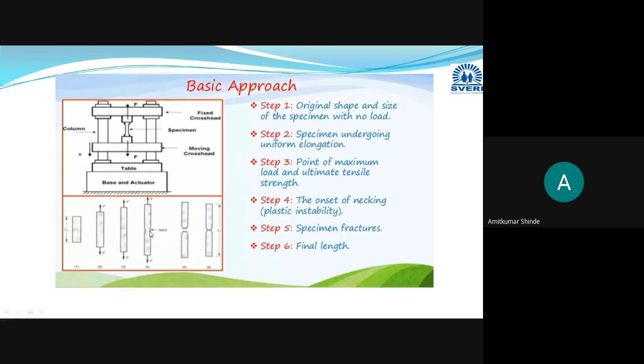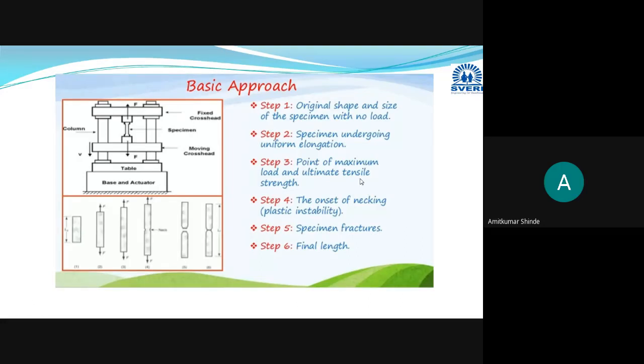Okay, slowly the neck will be formed, and as you continue to increase the load, after some time that component will break. The point of maximum load carrying capacity before the breakage will be termed as the ultimate tensile strength.